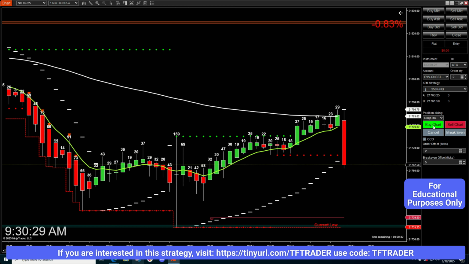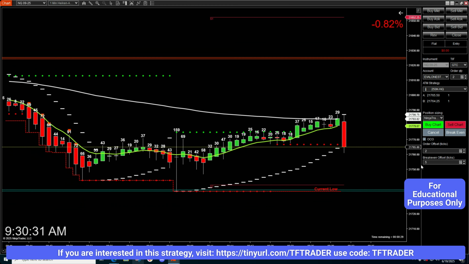Looks like we may get a short side trade here based on whether or not this is a high volume bar or not.